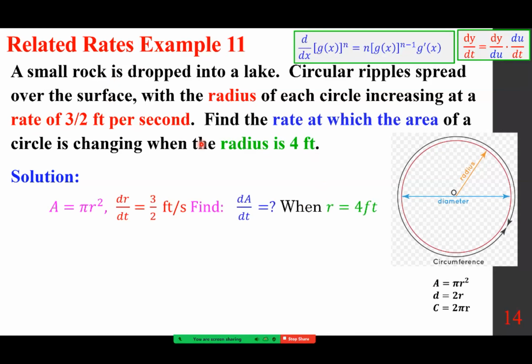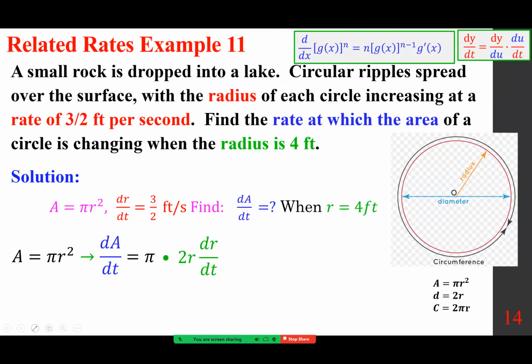We are going to differentiate this with respect to time, t. So dA/dt is pi, because pi is a number, doesn't change. Just r squared, everybody. The derivative of r squared is 2r dr/dt.